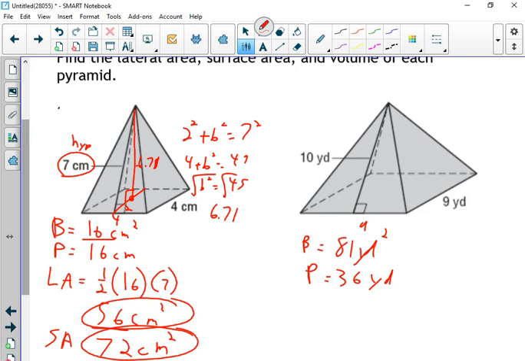We have our slant height, L, but we don't have the altitude. So again, this is 4.5, half, and we're trying to find b. So we do 4.5 squared plus b squared equals 10 squared. So 4.5 squared is 20.25.